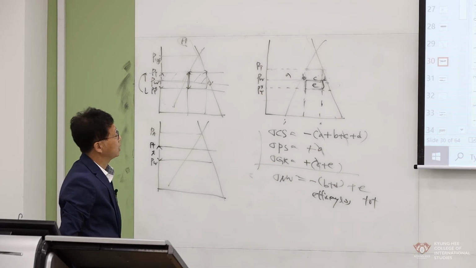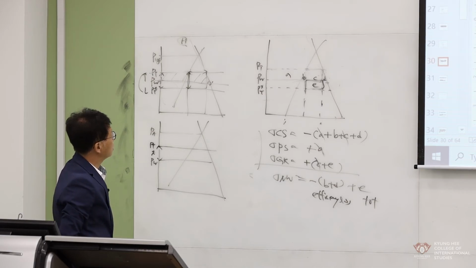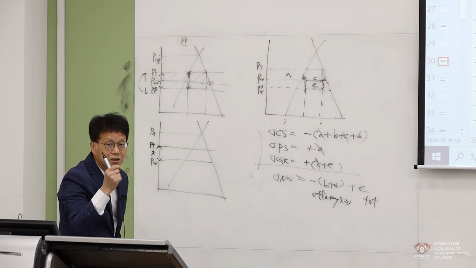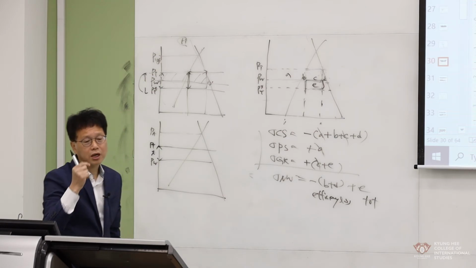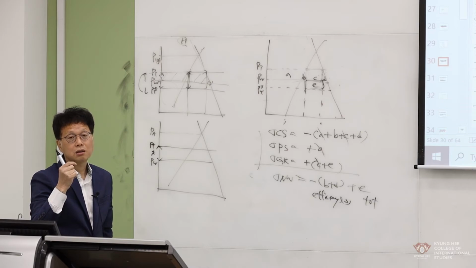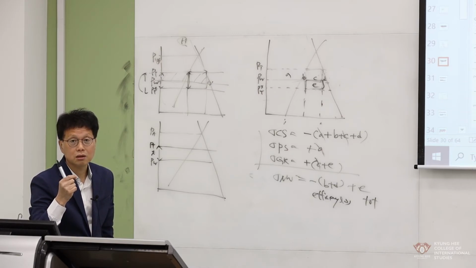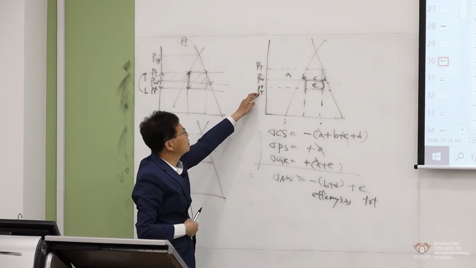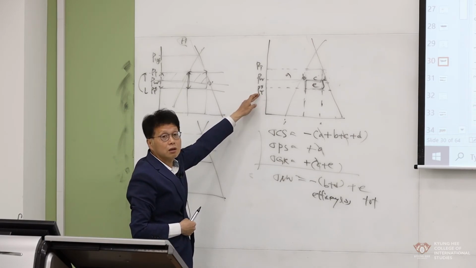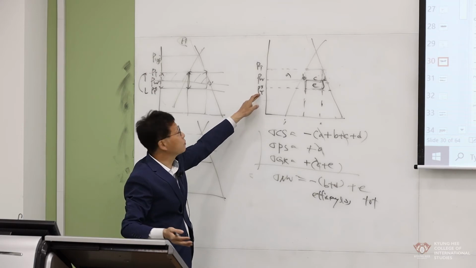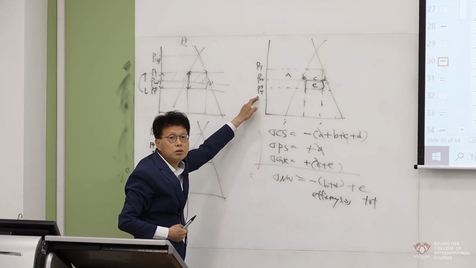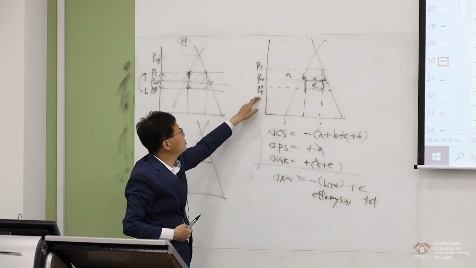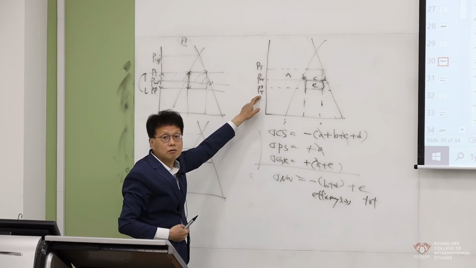PT star is the foreign price, which is also the foreign countries' exporting price. From the perspective of home, it is the importing price. Importing price is equal to the foreign exporting price.